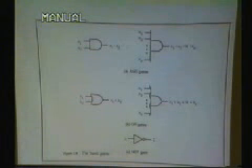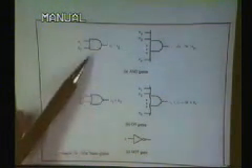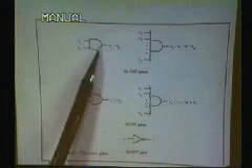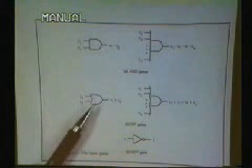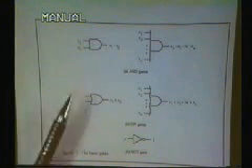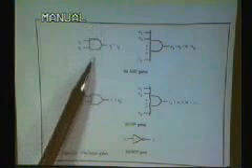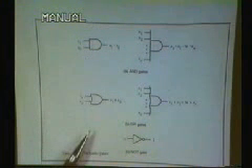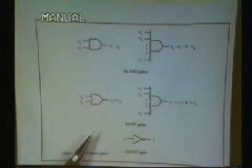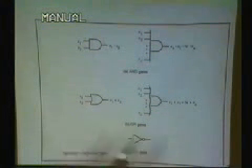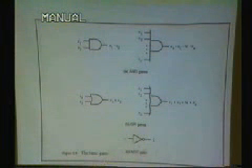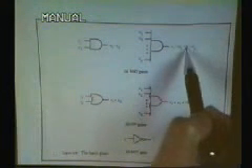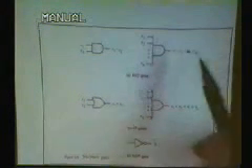For the OR gate, see the difference of the shape here. When you draw it, you have to make sure that it is clear whether you draw an AND gate or an OR gate. Some of you may notice that there are some numbers here.